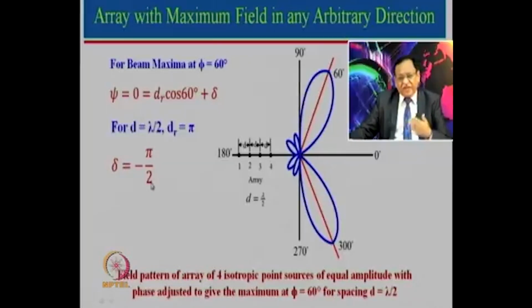So, that means if we take a phase delay of minus 90 degree, this should be fed at 0, this should be at minus 90, then this will be another minus 90, which will be minus 180, and this will be minus 270.